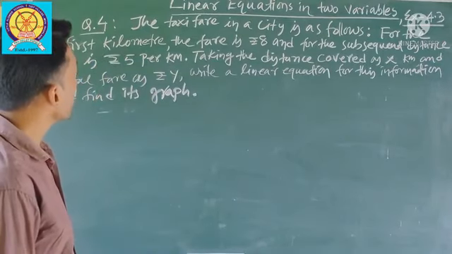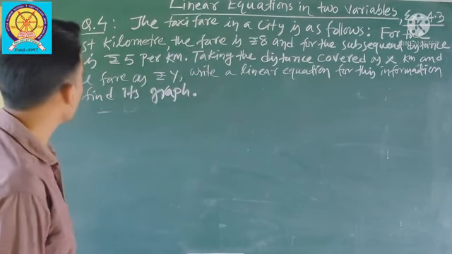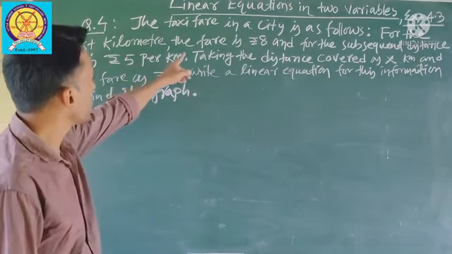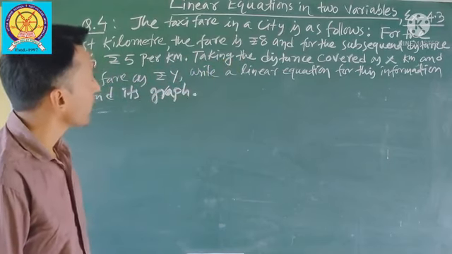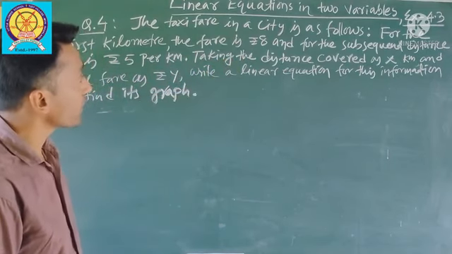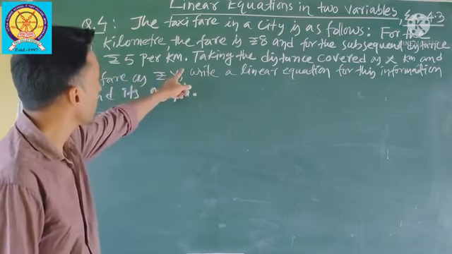The taxi fare in a city is as follows. For the first kilometer the fare is rupees 8, and for the subsequent distance it is rupees 5 per kilometer.